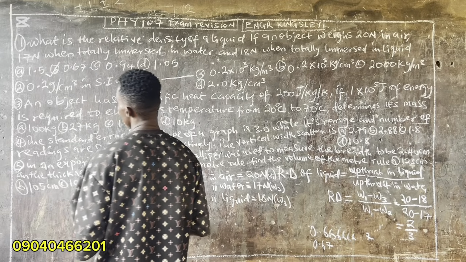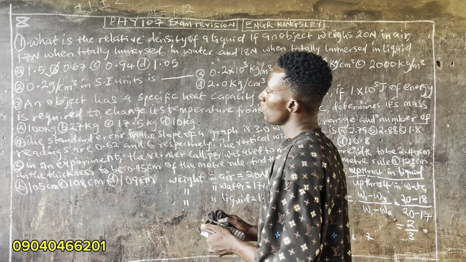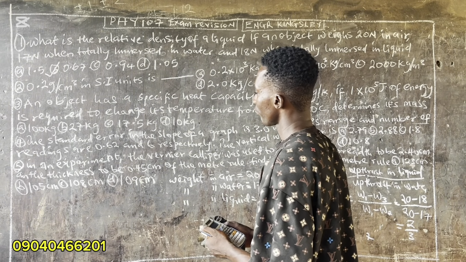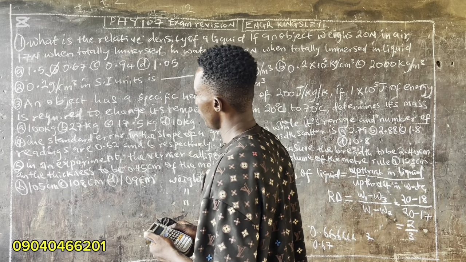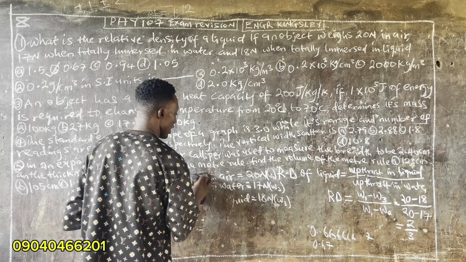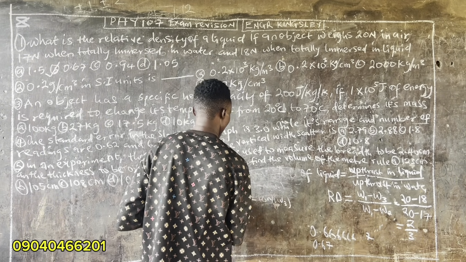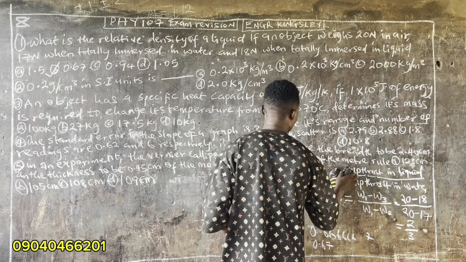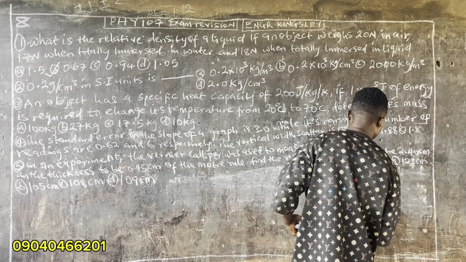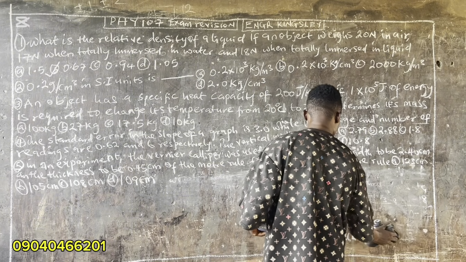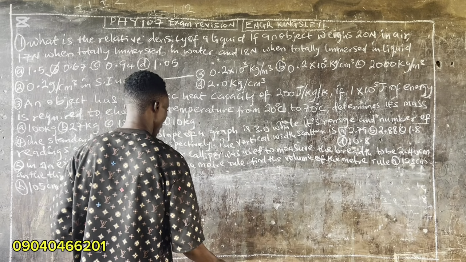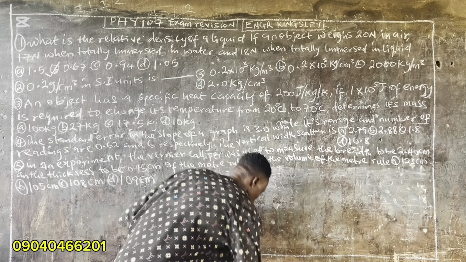Number two, if you look at number two, they said 0.2 gram per cm cube is in SI unit is dash. Okay, the standard SI units are kilogram, meter, seconds and some others. But if we want to change gram to kilogram and cm to meter, what are the procedures we are going to take?